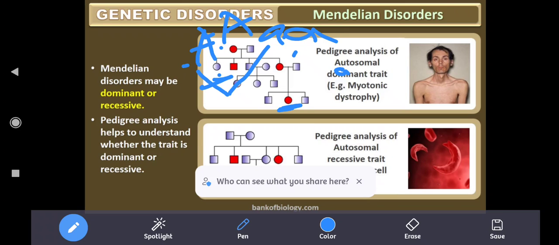Or if one capital A and one small a is received by this girl, she will be affected. And when she marries a normal person, the small a combines together, and there will not be any possibility for an affected person. So if she carries homozygous traits, more people will be affected, and in the F1 generation all the people will be affected.